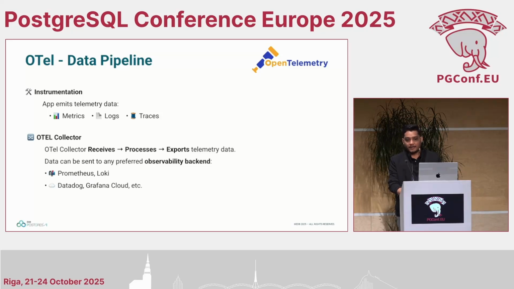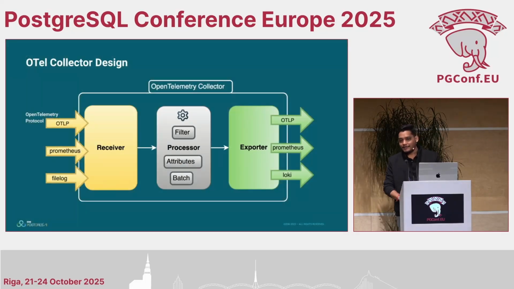The data can be sent to any platform which we are using to visualize, which you are already familiar with, like Prometheus, Loki, Datadog, Grafana Cloud, etc. So here is the fundamental design of the OpenTelemetry collector.